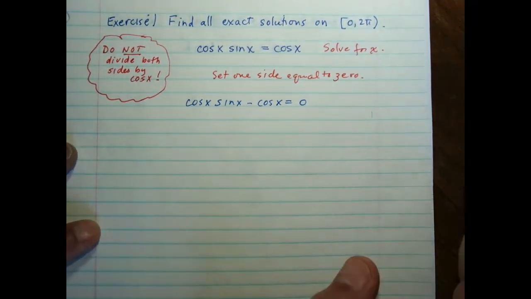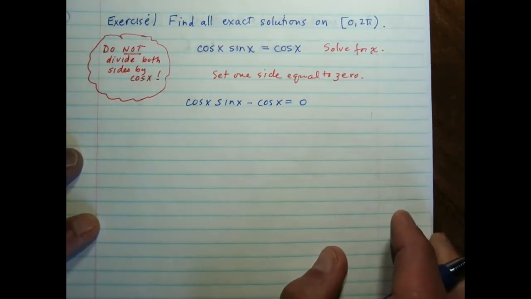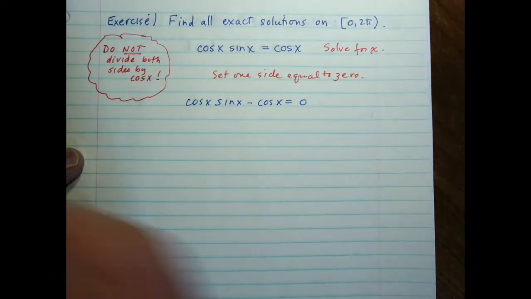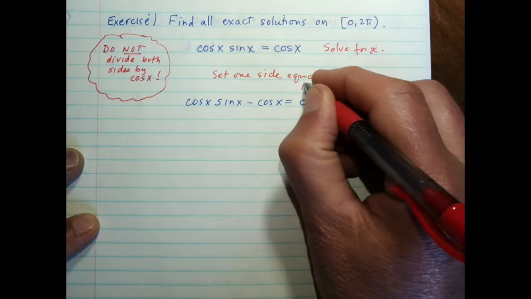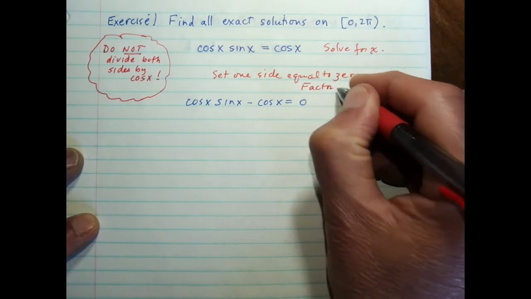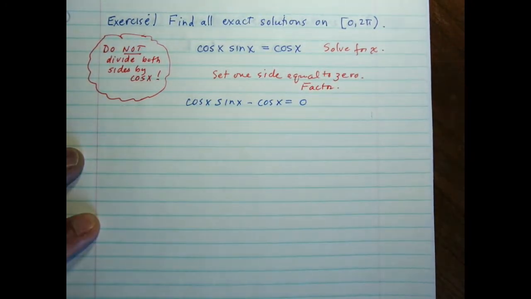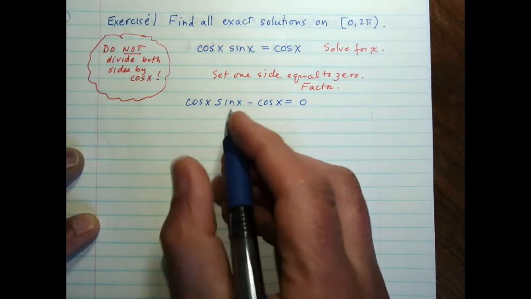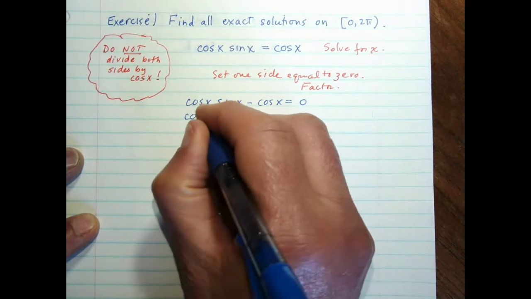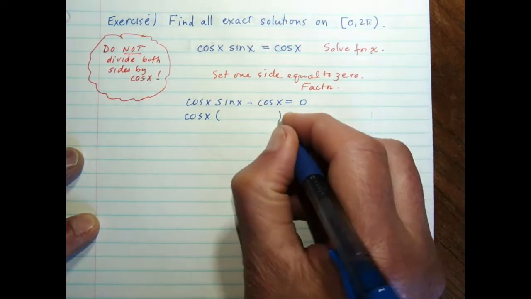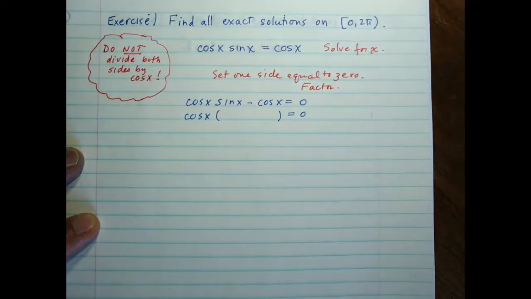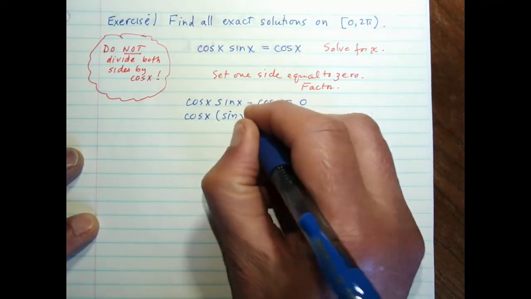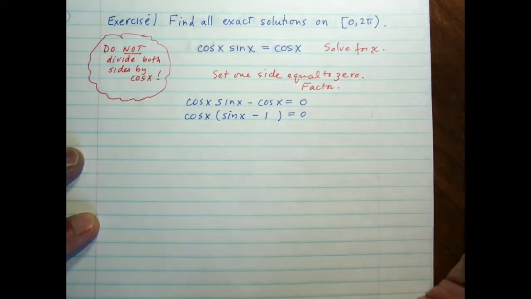One possible strategy in all these problems is to set one side equal to 0 and factor. By factoring, I just mean remove common factors. I have a common factor of cosine x for both terms on the left, so I can factor out a cosine x times sine x minus 1.